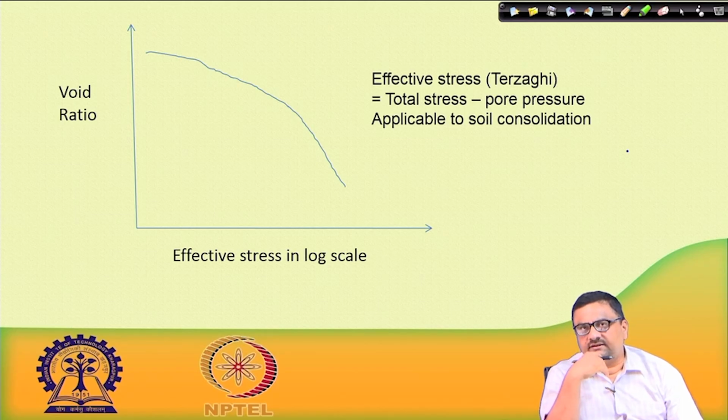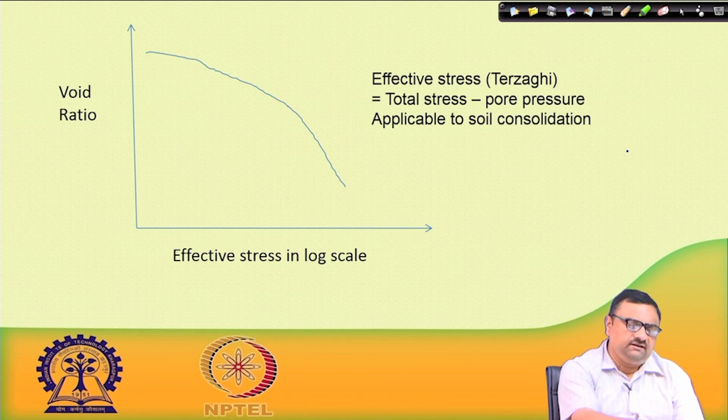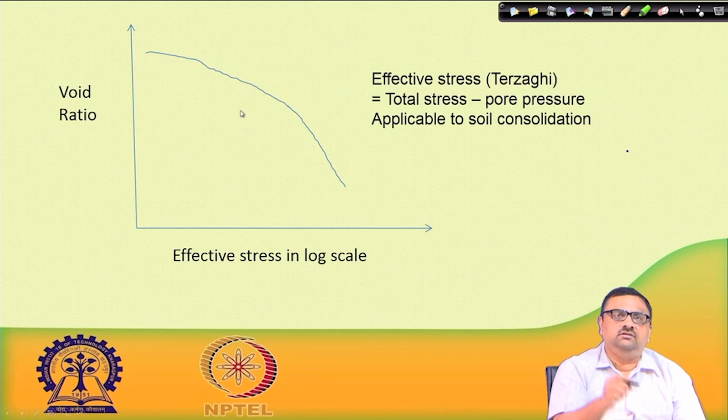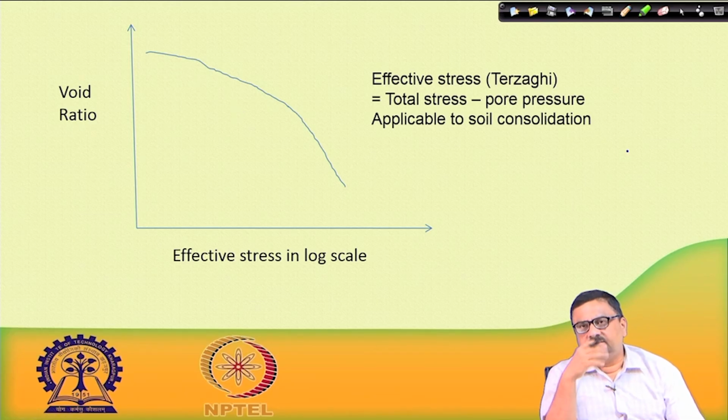This Terzaghi stress is applied to soil consolidation, but the take home message here is that as the effective stress is increased, one can expect the void ratio to go down. That means the porosity will go down; void ratio goes down with effective stress in log scale.